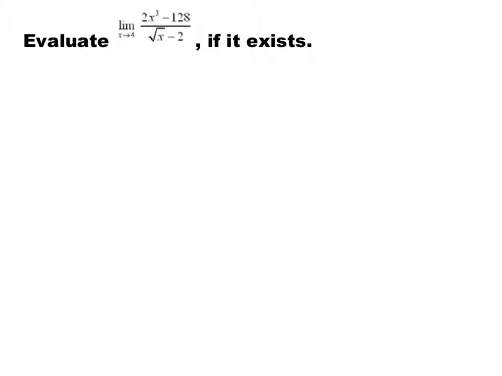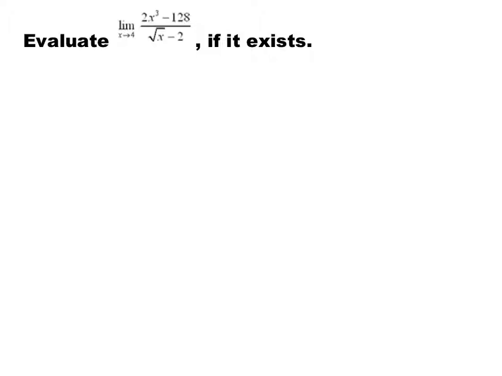When we are dealing with fractions, especially with a square root in the numerator or denominator, we have to try to eliminate the square root. To eliminate it, we are going to use the conjugate.